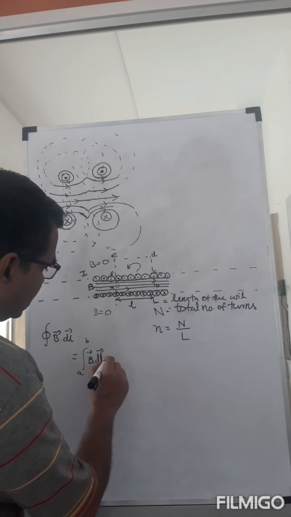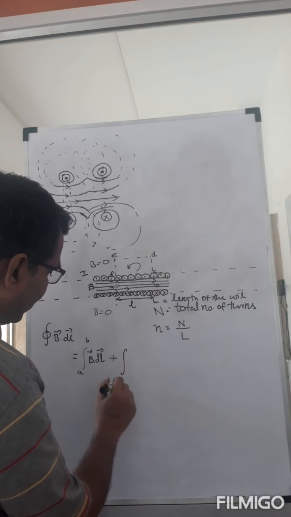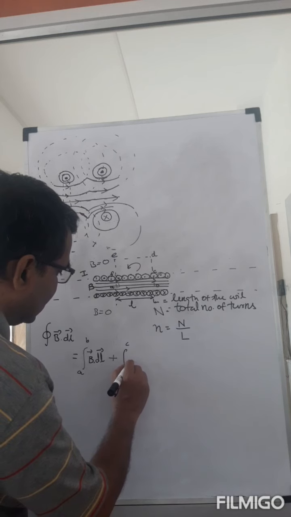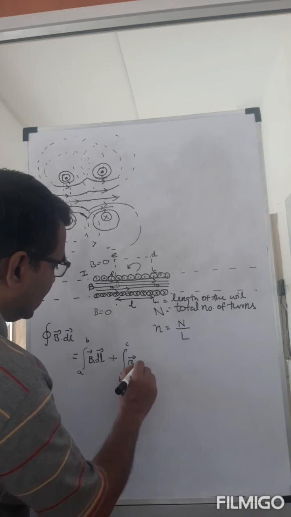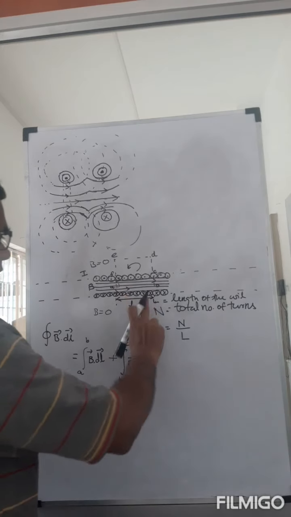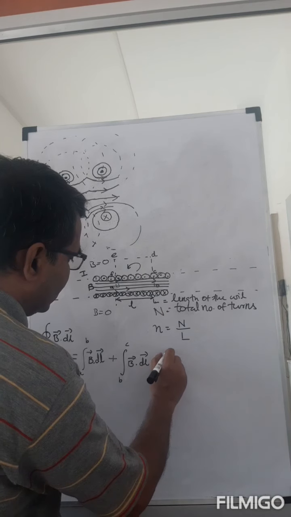Plus then B to C. Again here the same B, and then this is dl in the direction. The direction is perpendicular now, we'll come back to that.